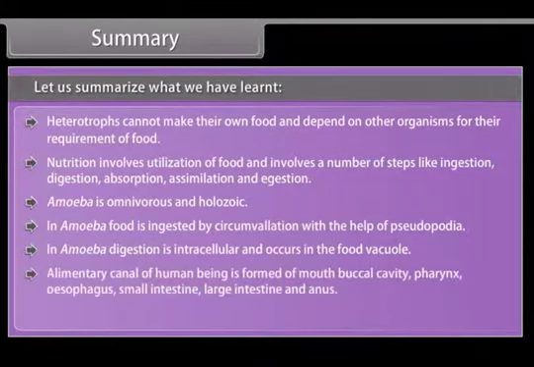Alimentary canal of human beings is formed of mouth, buccal cavity, pharynx, esophagus, stomach, small intestine, large intestine, and anus. Teeth in man are heterodont.